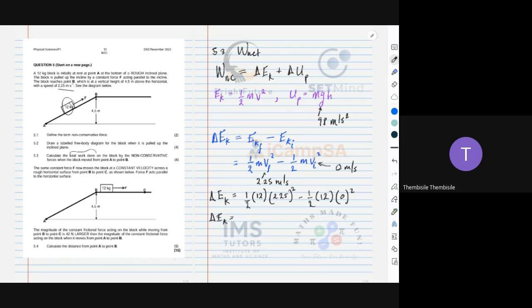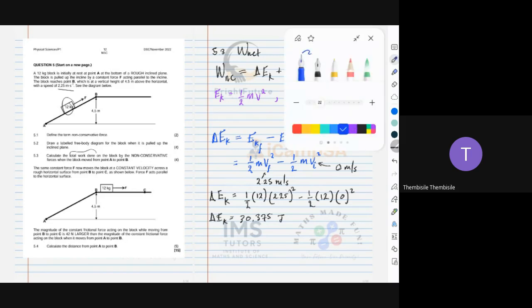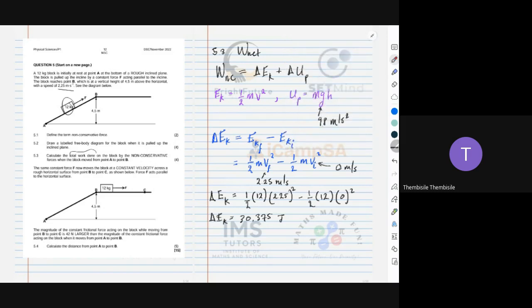Anyone? Okay, so you'd have something like 30.375 joules, which is your energy. And then we do the second part, which is our potential energy here.